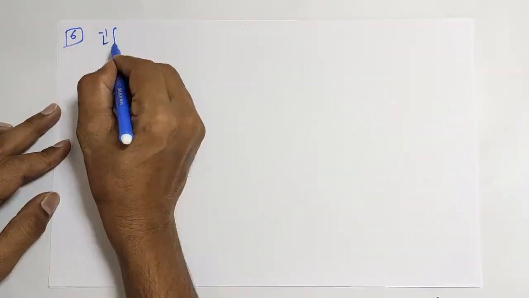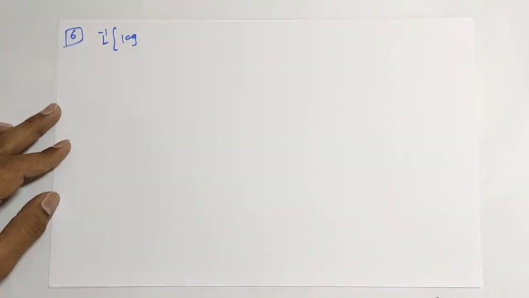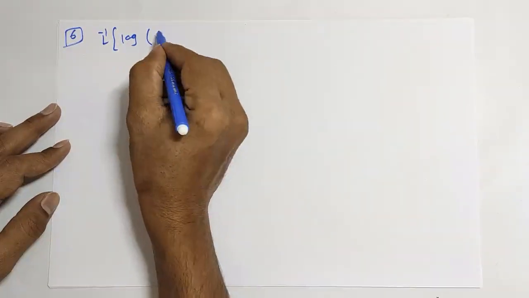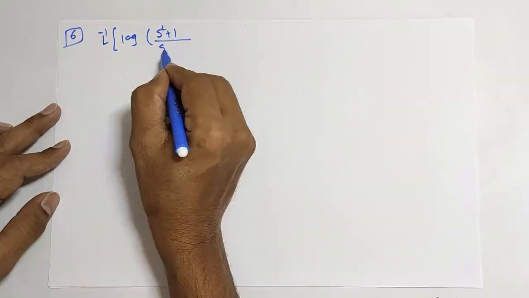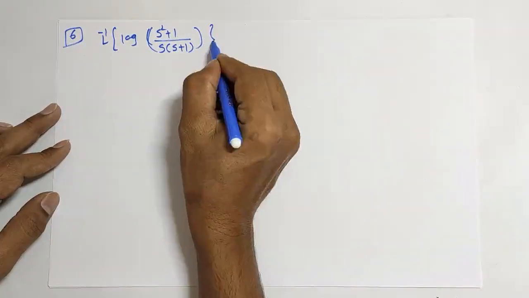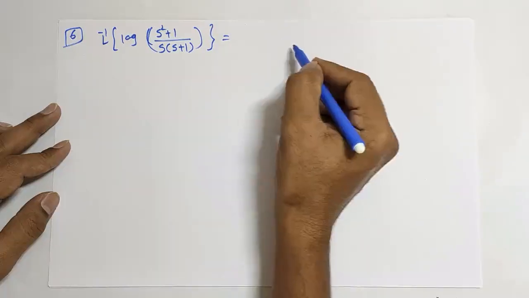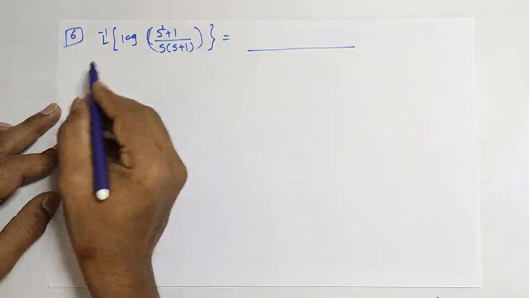This type is important, so I am taking more number of sums, right? Please, definite question hai ye. Suppose the question is we want L inverse of log of s square plus 1 upon s into s plus 1. इसका आंसर बाद में हम यहाँ पे लिखेंगे. ओके, लेट अस सी.